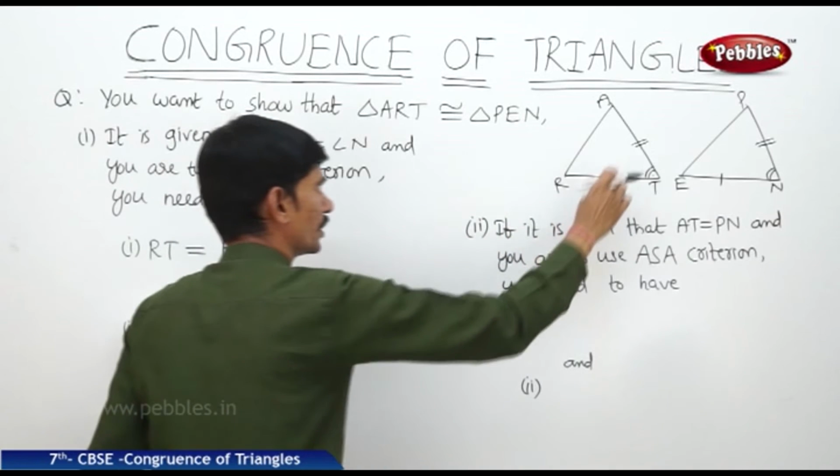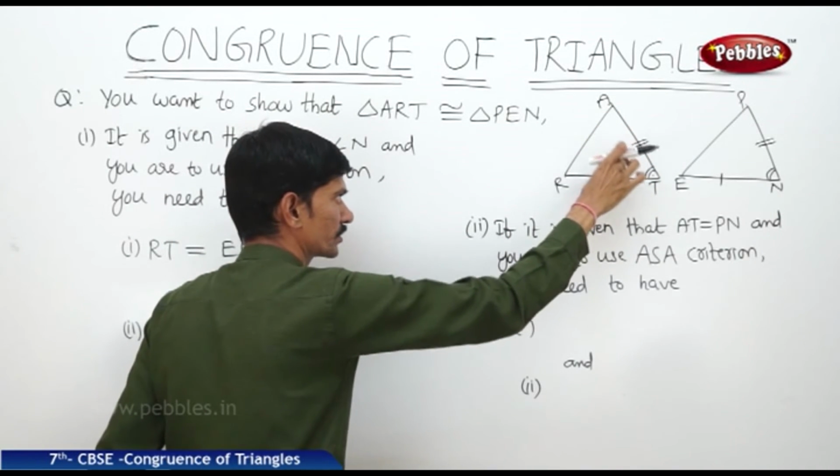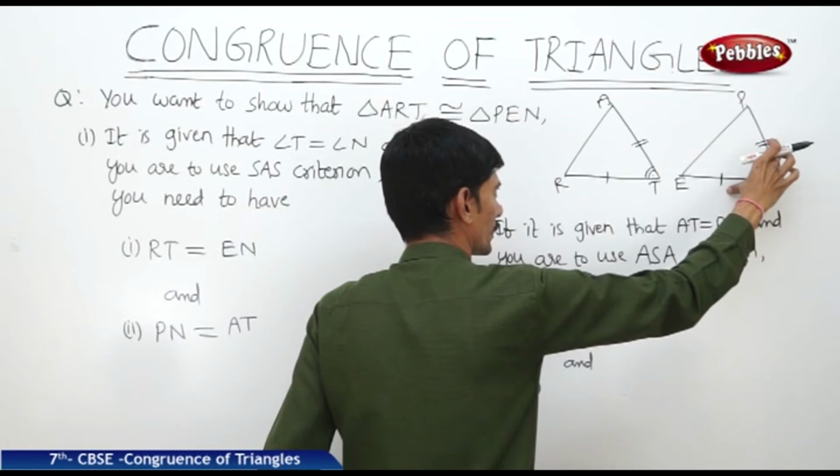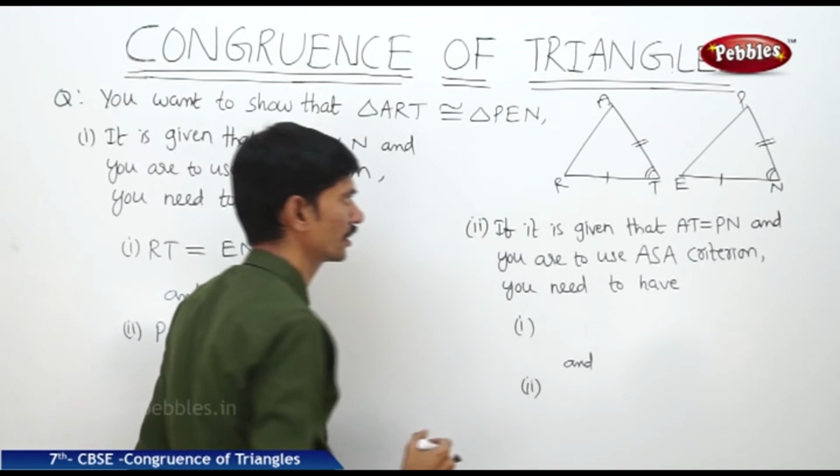RT and AT are the two sides of the first triangle, and EN and PN are the corresponding sides of the second triangle.